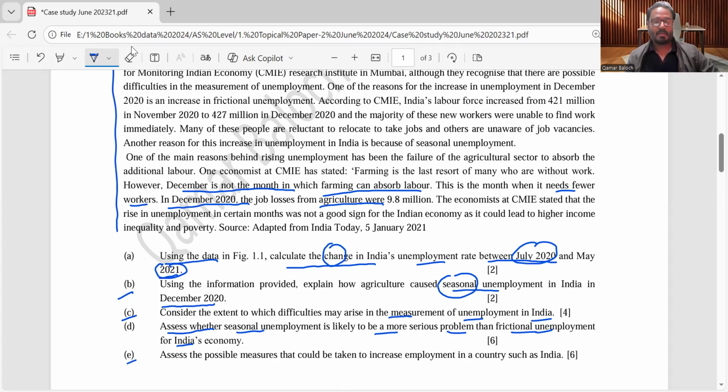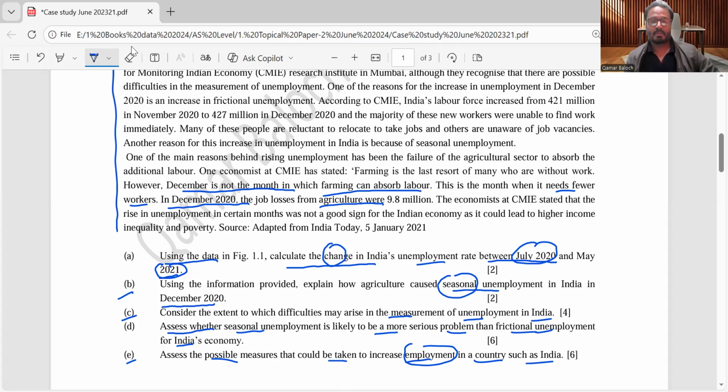And the last part is to assess the possible measures that could be taken to increase employment in a country such as India. Right? So the examiner is asking you to give the policy measures. Since employment and unemployment are part of the macroeconomy, we will have to use macroeconomic policies to increase employment in India.